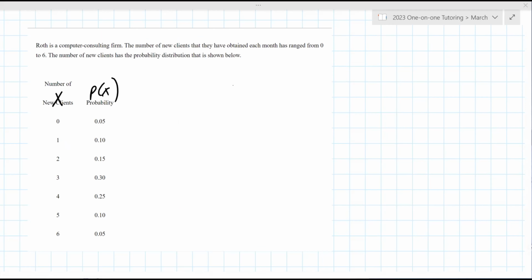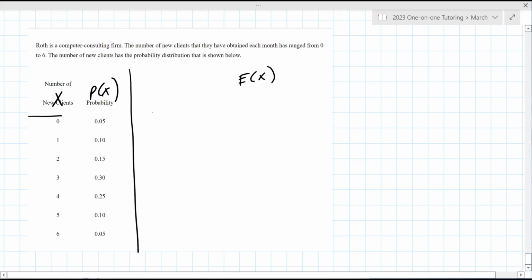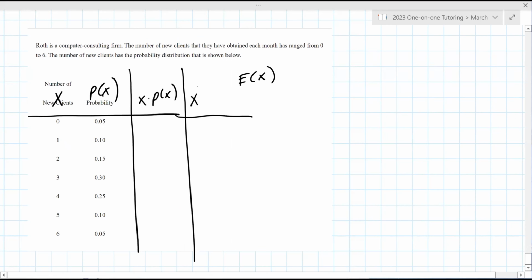Variance requires you to find the expected value of X, which is X times P of X, and then you also need to do X squared times P of X. This is really cumbersome to do by hand. The calculator is also kind of a pain because you got to put list 1 and list 2. We don't have enough time to do this though, so let me find another problem. We can certainly do this one tomorrow.